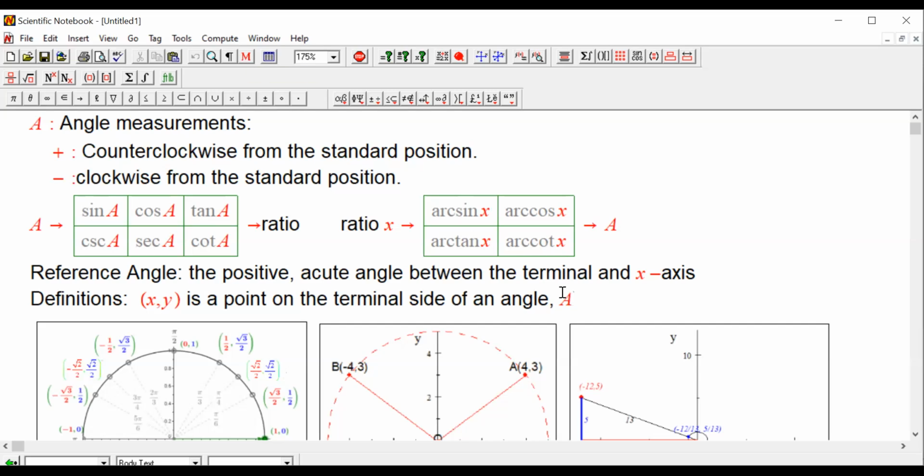We talk about this all the time, the angle A. And how is A measured? Right here, right? How A is measured. Other than the origin.